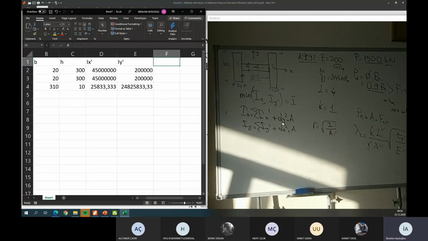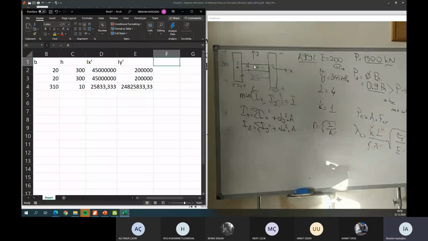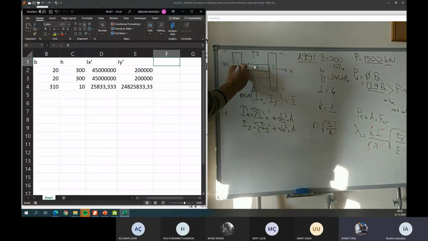In the formulation, I need to compute the dx and dy. So what does dy mean? dy is the distance between the part centroid and the system centroid. You can see, for example, centroid of the first part here, system centroid here.